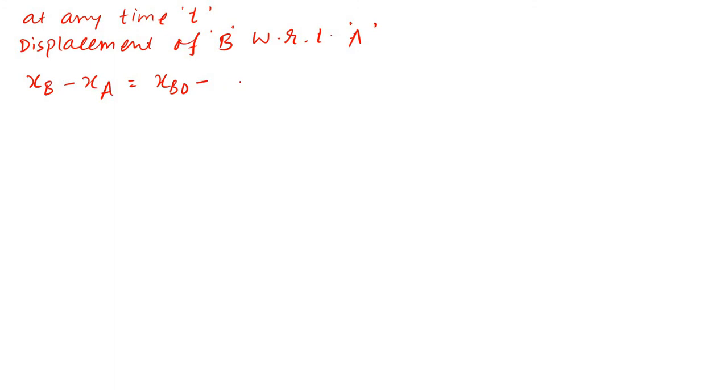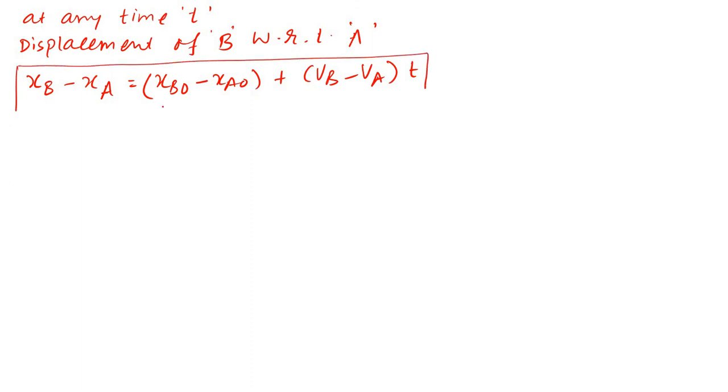So it is XBO minus XAO, plus VB minus VA into time, right? So this is the formula which is going to be very useful in calculating relative distance between two objects, right?